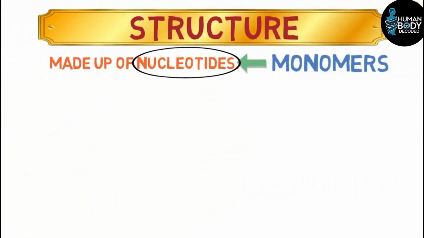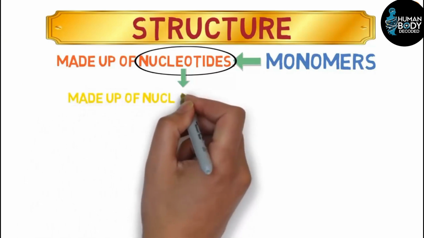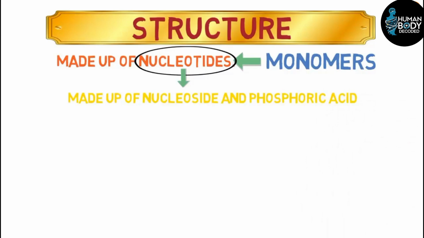Nucleotides, which together form nucleic acids, are themselves made of nucleosides and phosphoric acid. This means phosphoric acid and nucleosides combine to form nucleotides, and nucleotides combine to form nucleic acids.